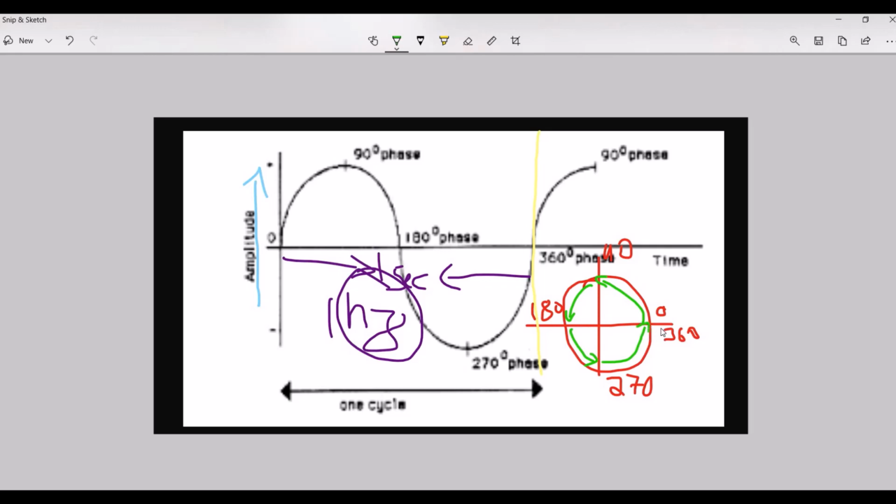Then this is 360 degrees. From this 360 it starts the cycle again, and the second cycle begins. So in each sequence we have a cycle. If 200 cycles are completed in 1 second, meaning 0 to 360 degrees 200 times, then the frequency is 200 hertz. Or if it is a million cycles, then 1 megahertz, something like this. I think that's clear.